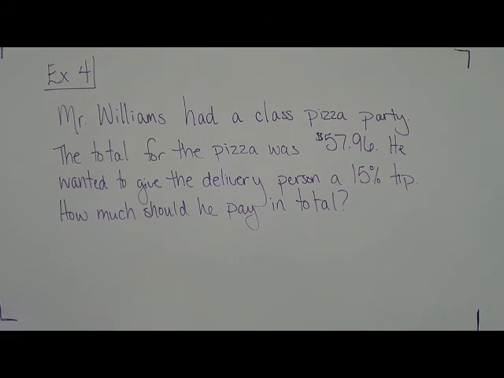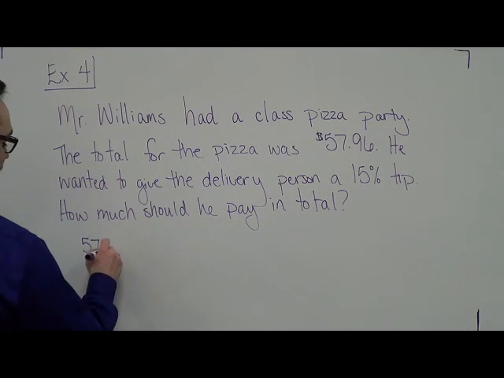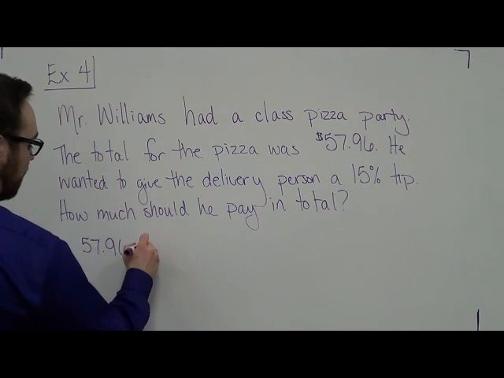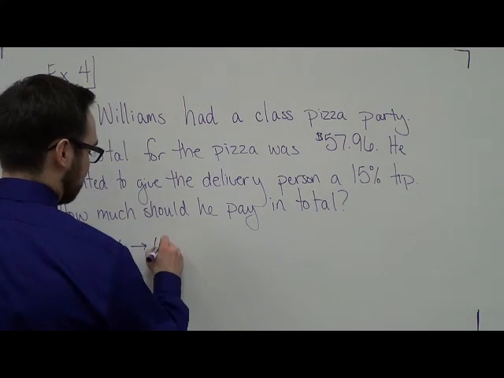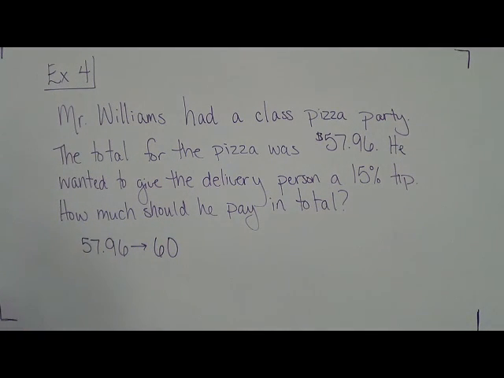So again, we don't have an exact fraction for 15%, so we're going to have to break this up a little bit. So what we're going to do is we're going to have to do a little bit of rounding here. So the 57.96, I'm going to go ahead and round this to 60. Because even 58 isn't necessarily going to be evenly divisible, so we're just going to round it up a little bit to 60 so it's easier to work with.